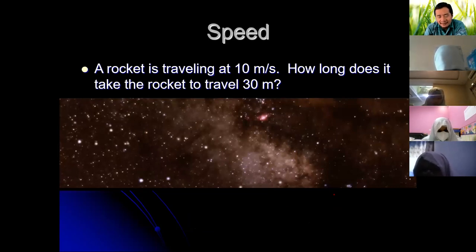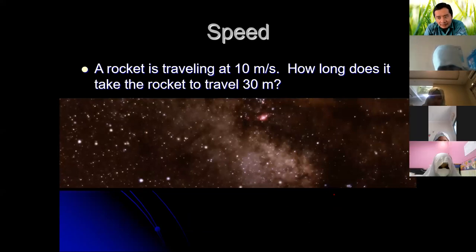How long does it take the rocket to travel 30 meters? 3 seconds. Yes, Zafira, 3 seconds. Ya, Ustadz. Zafira, how many? 3 seconds? Iya, Mbak Zafira, 3 seconds. Oke, 3 seconds.